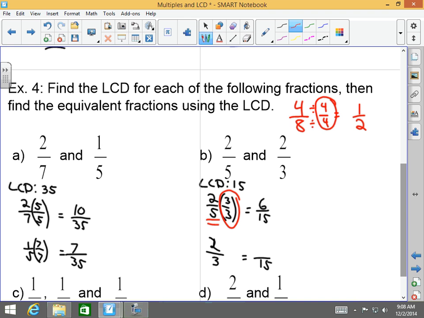If I take 1/2 and I multiply by 4 over 4, doesn't that give me 4/8? So whenever I multiply or divide the same number to both the numerator and denominator, I am creating equivalent fractions. Does that help make sense of things? Questions on this, guys? This is really important.